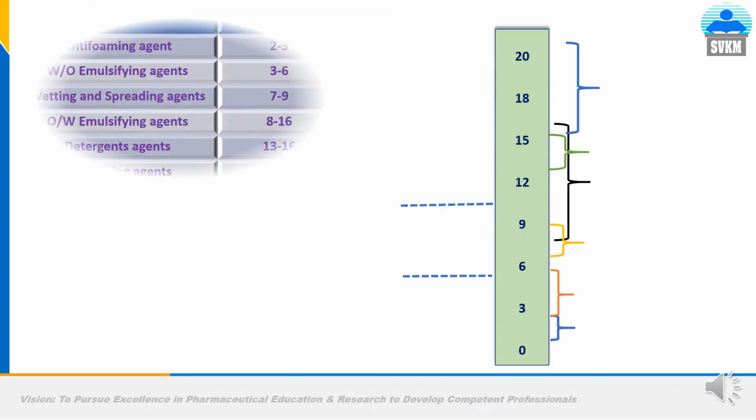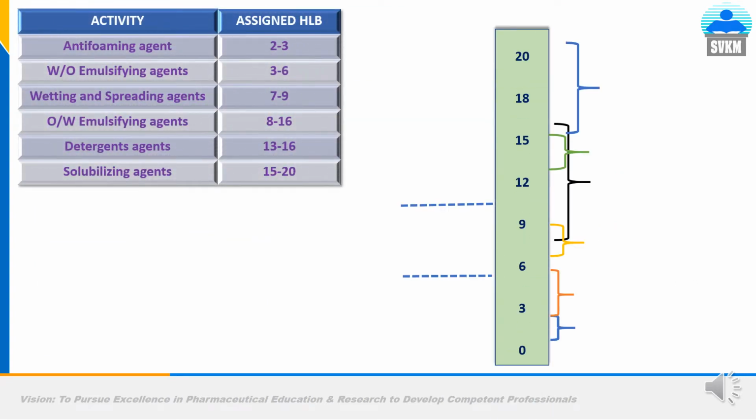See, this is an HLB scale. It starts from 0 and ends at 20. The value starting from 0 indicates that your surfactant molecule is hydrophobic in nature. It means that it is oil soluble in nature, and the highest value, which is 20, indicates that the surfactant molecule is hydrophilic in nature, that is water soluble in nature.